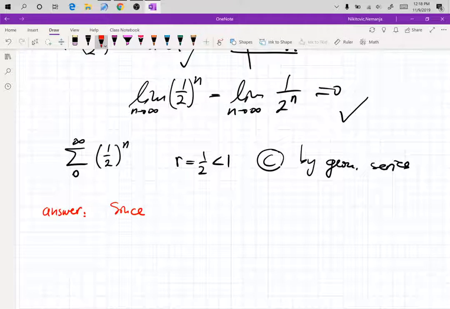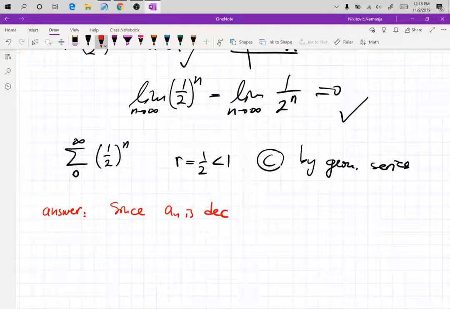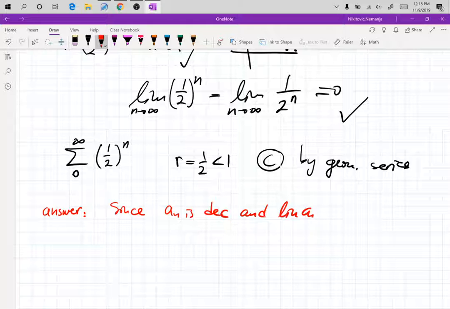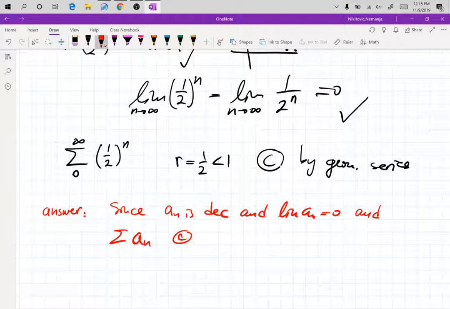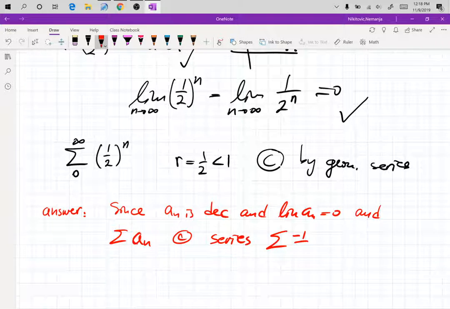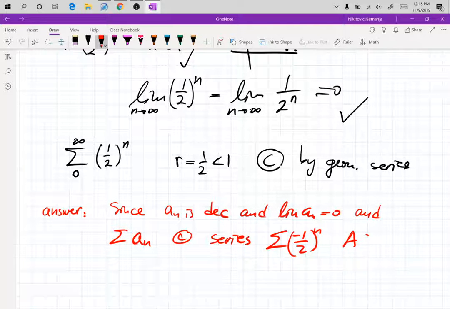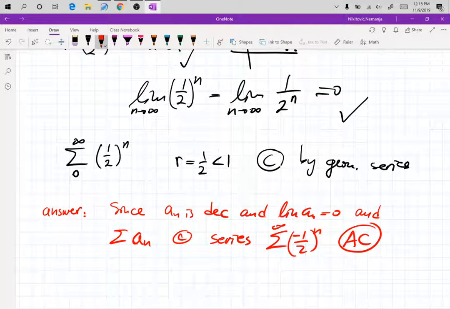Since a_n is decreasing and the limit of a_n equals 0, and the summation of a_n converges, the series summation of (-1/2)^n absolutely converges. That's it. So that is what we have.